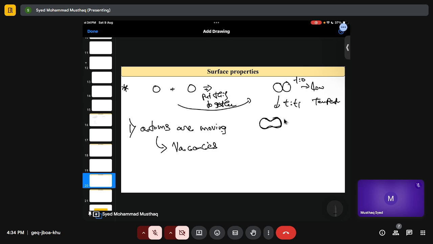Okay. Now let's move to the main topic. The first point is that atoms are moving. That means there is a vacancy motion, so there is vacancy movement. Now how can vacancies move?